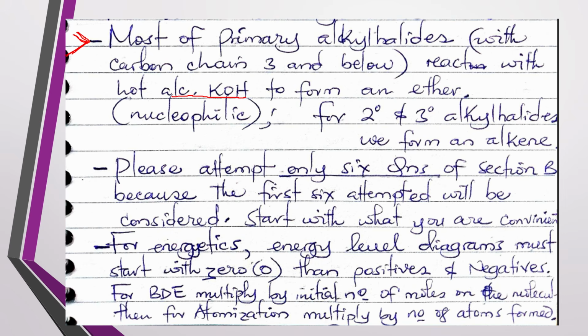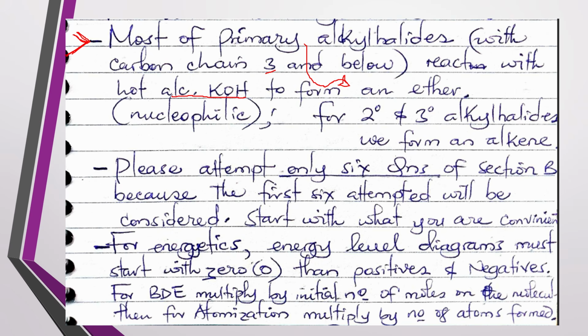Some of you have a tendency of trying to form alkenes from there, and UNEB examines that to test out this knowledge. We don't form alkenes, we form ethers, from primary alkyl halides. If at all the carbon chain is 3 and below, we form ethers, we don't form alkenes.